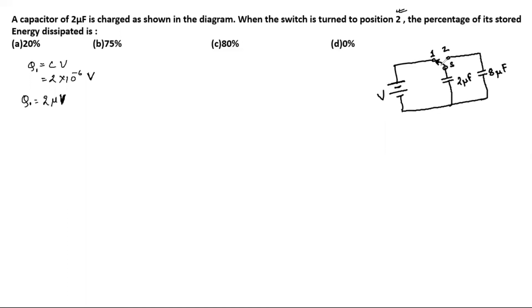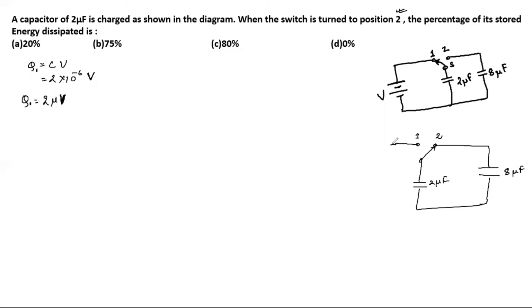Second case, what is happening here? You are disconnecting this switch and connecting the second switch. Now when you connect this switch, these two capacitors will be connected in parallel. So the circuit diagram will be something like this: this is position 1, this is position 2, this is 2 microfarad, and it is connected with the second one, which is 8 microfarad.